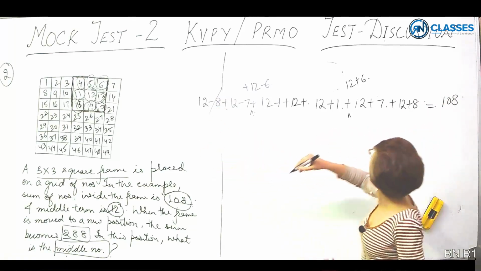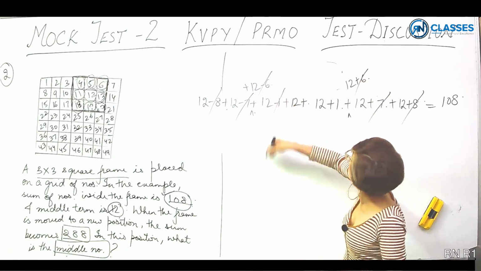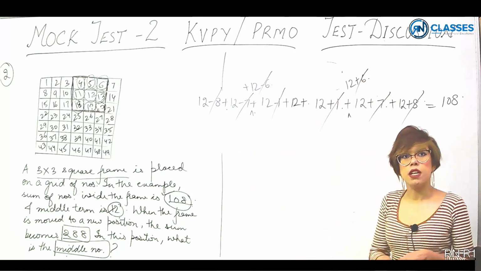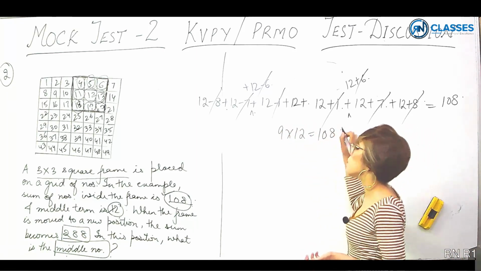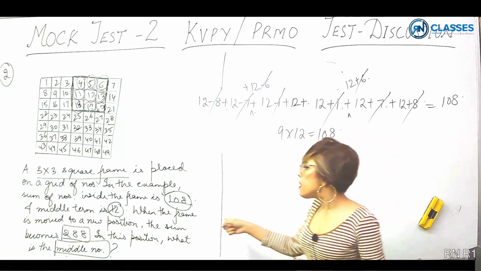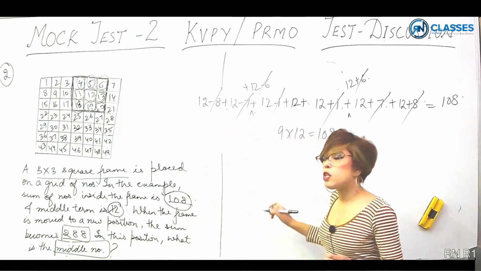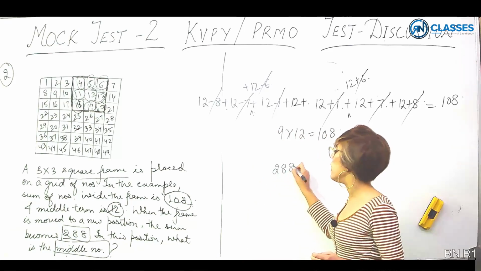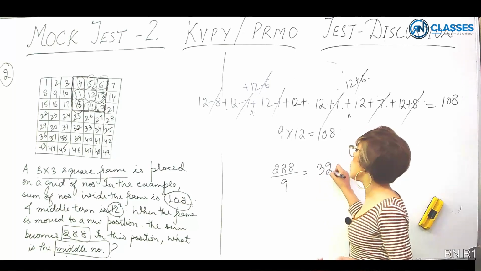Why? Because minus 8, 8, minus 7, 7, minus 6, 6, minus 1, 1, cancel, and obviously 12 is there. So you can see 9 into 12, which is 108. Right? So if the sum of the numbers is 288, what should the middle number be? It should be 288 divided by 9, which is nothing but 32, which is the answer.